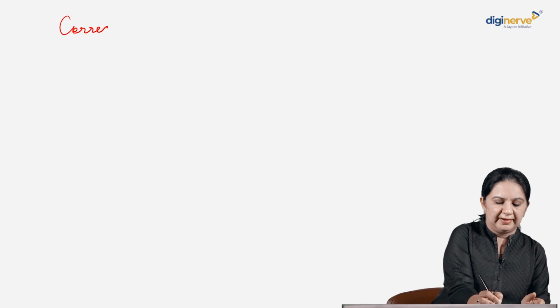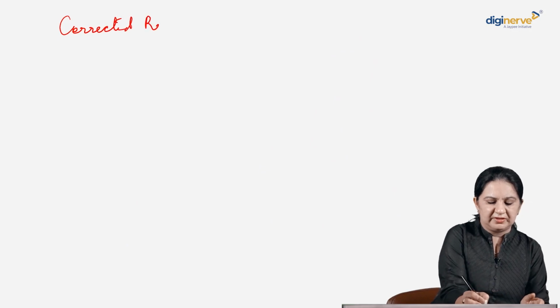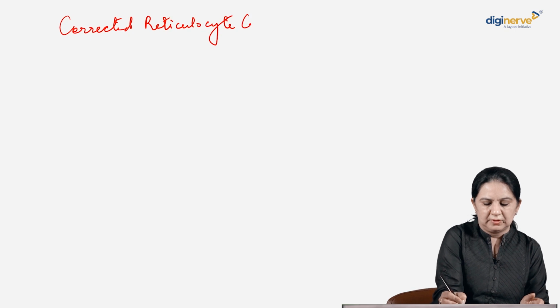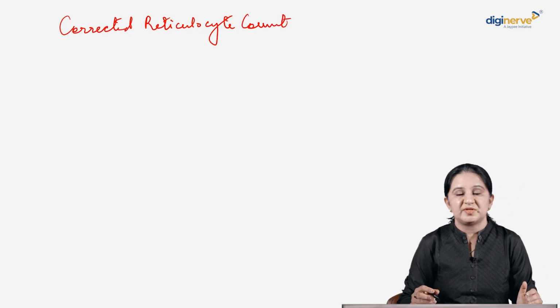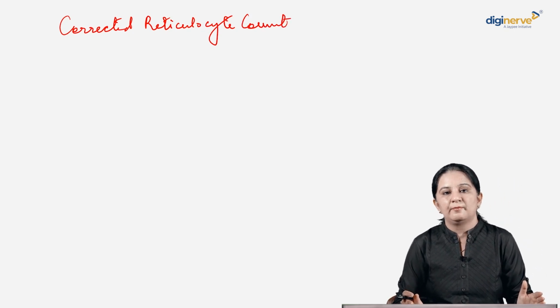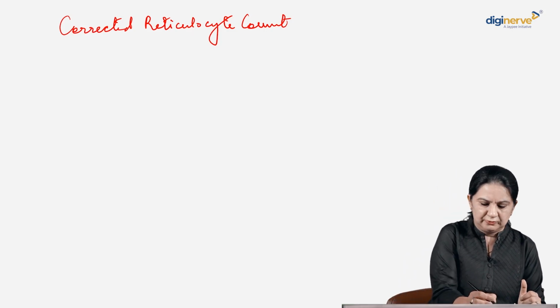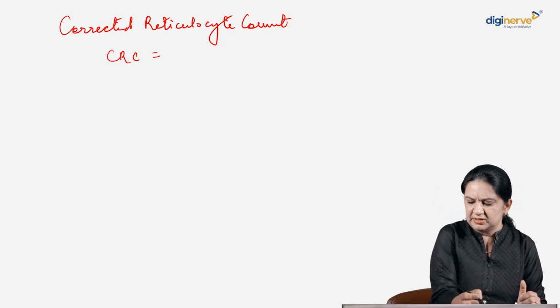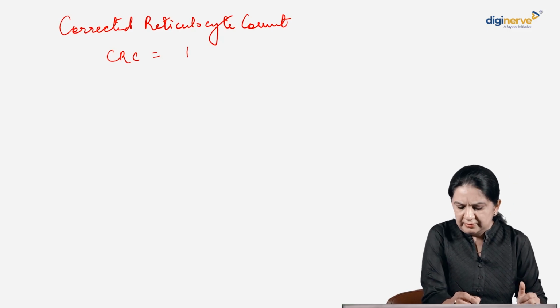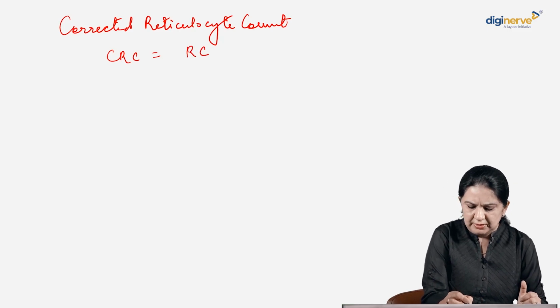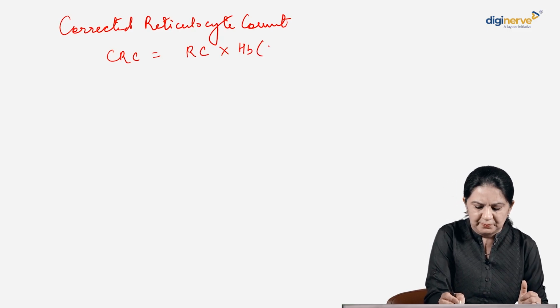So, you should also know what a corrected reticulocyte count is. Corrected reticulocyte count is basically the reticulocyte count corrected based on the patient's hematocrit. How do we calculate it? The corrected reticulocyte count is simply reticulocyte count into hemoglobin of your patient divided by hemoglobin of a normal person.